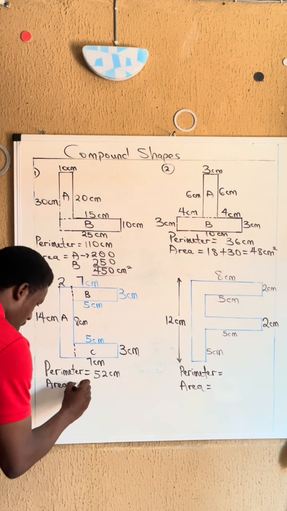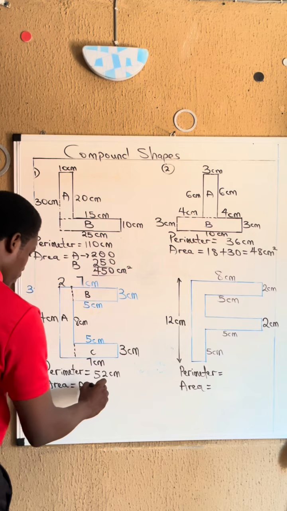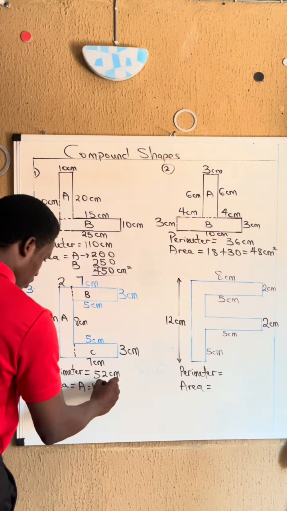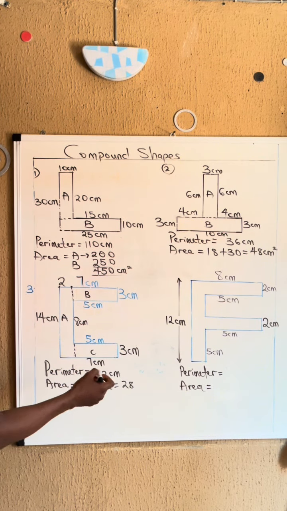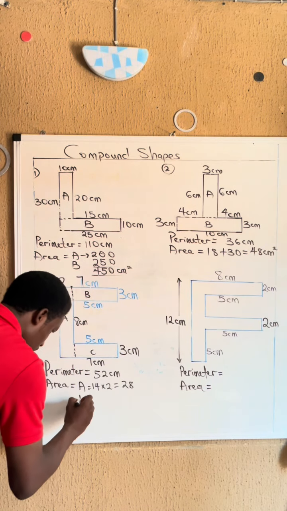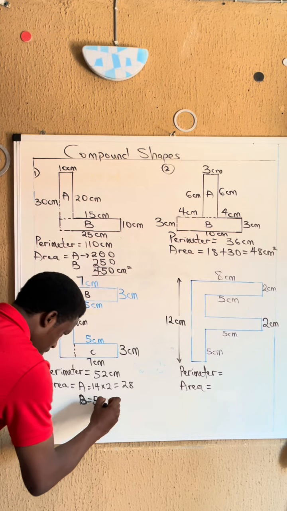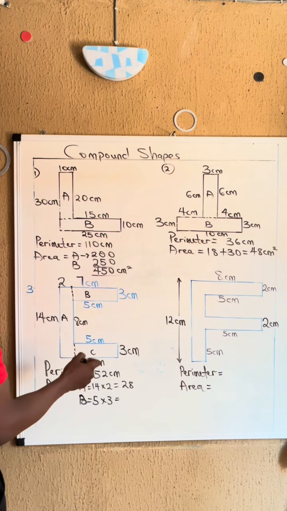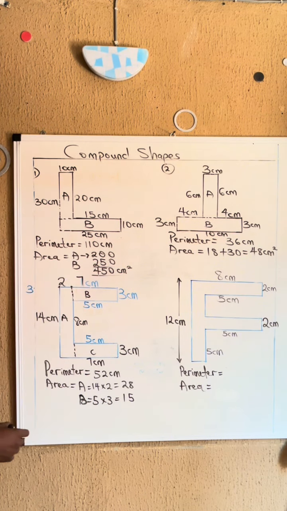The area for A is 14 times 2. That's 28 centimeters squared. The area for B is 5 times 3. And that gives 15 centimeters squared.